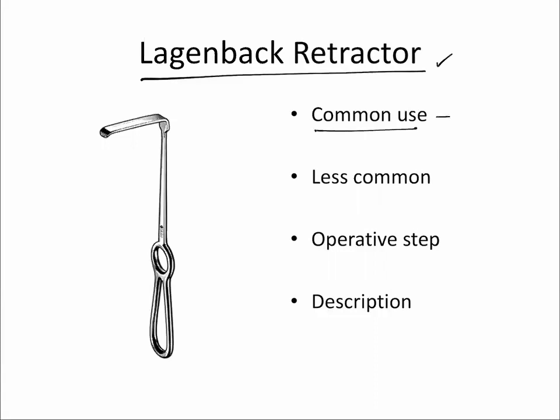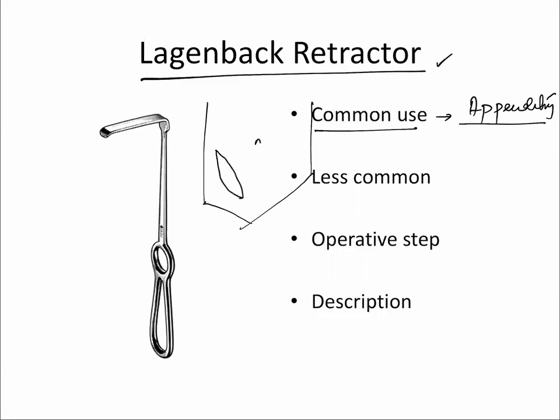And Langenbeck, remember, you have to say this for appendicectomy. Examiner is waiting for this answer. How many Langenbecks are used? Again, understand the placement. This is the umbilicus. This is your incision. The first Langenbeck goes in like this.